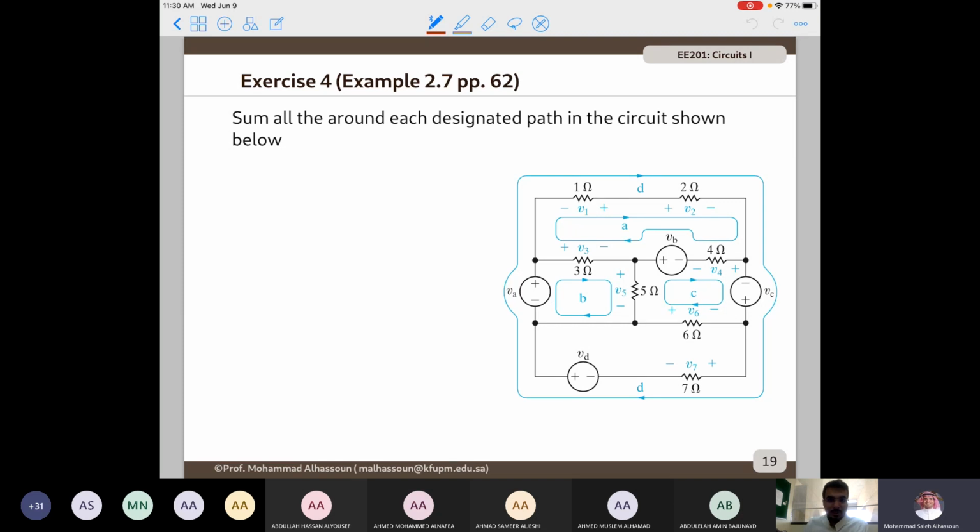So I will contact that person, see if he's okay with changing the time. Next class, inshallah, I will solve this one, or maybe I will solve it and post it. Let me solve it with you, and we'll solve some exercises associated with KVL.